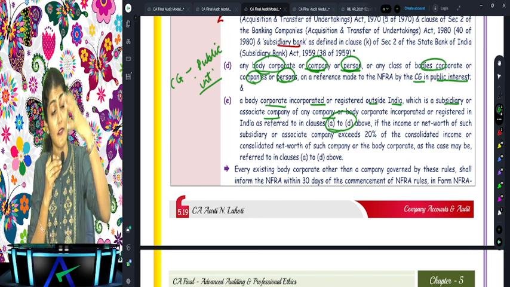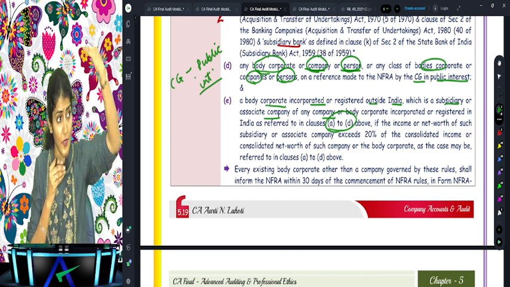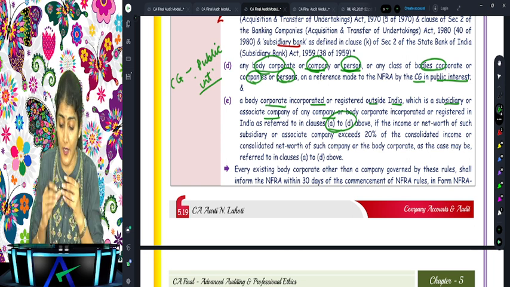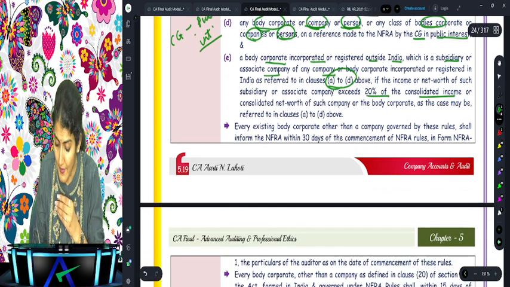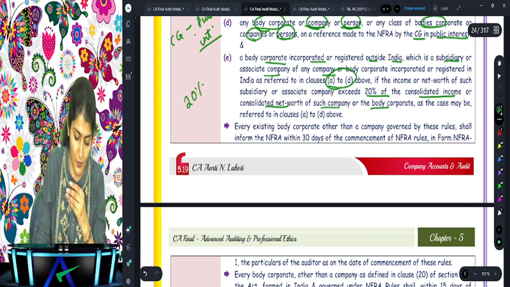And now it is a subsidiary of any of the companies referred in A to D above, which contributes not more than 20% of the consolidated income or the consolidated net worth of the company or the body corporate, right? So 20% of the conso income or 20% of the conso net worth, right?